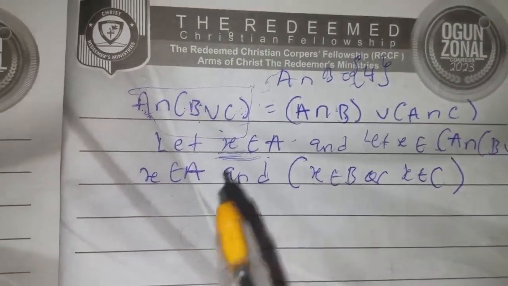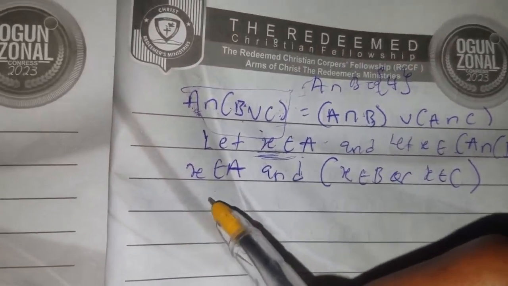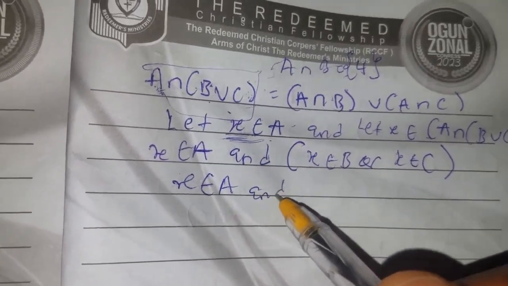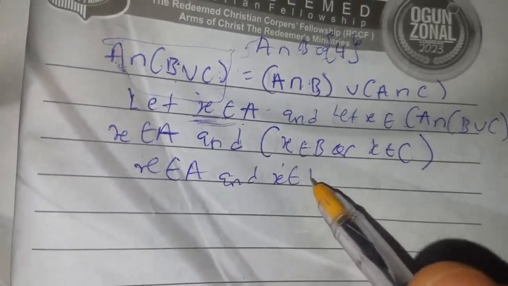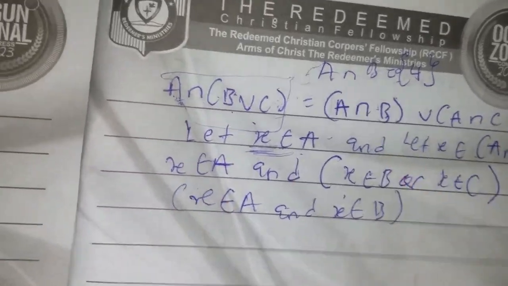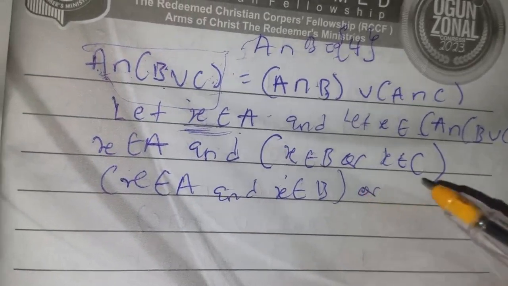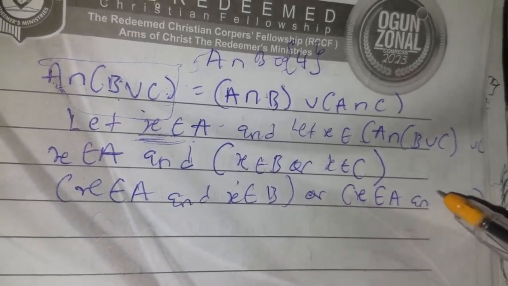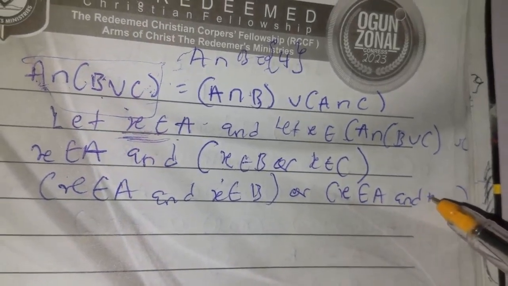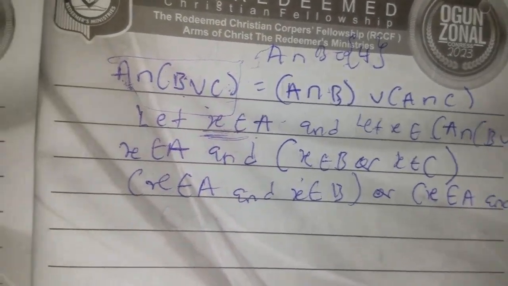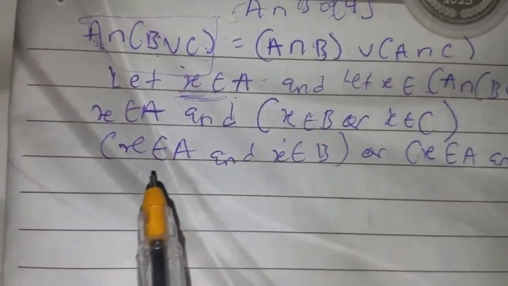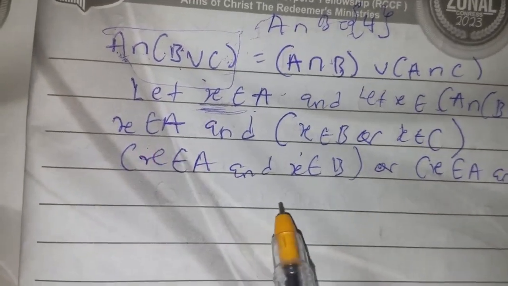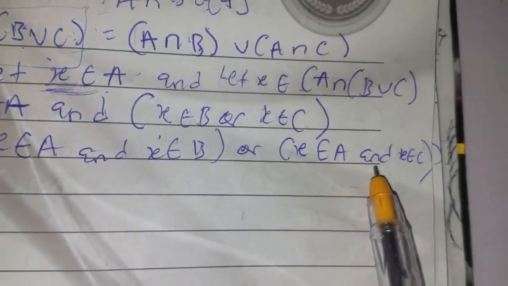So that should mean that X should either be an element of A and an element of B, or X should be an element of A and an element of C. Now we have already got our answer.